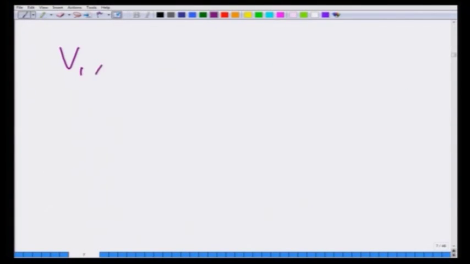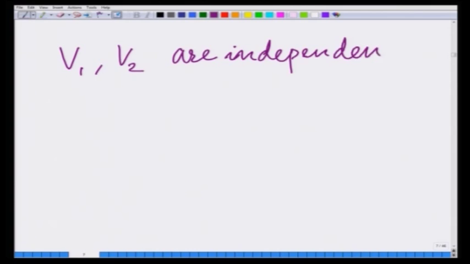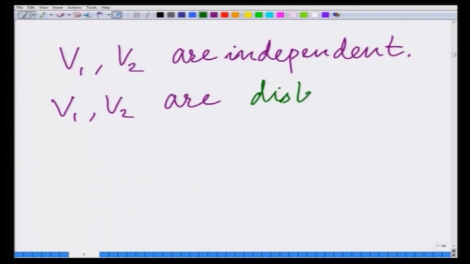Further, similar to the first price auction, we are going to assume that these valuations are independent and are distributed as uniform random variables in the interval 0 to 1.